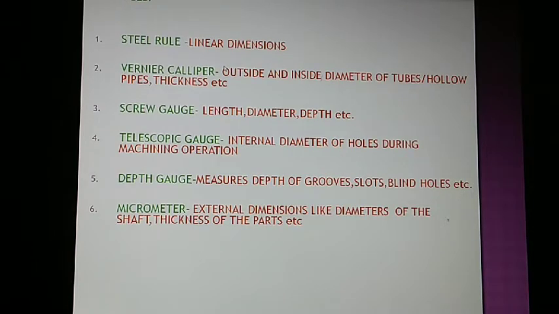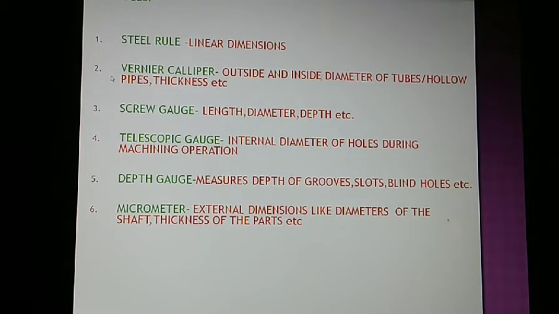It will measure dimensions like the outside and inside diameter of tubes or hollow pipes, thickness, etc. And the screw gauge in a similar fashion measures the length, diameter, depth, etc. And the telescopic gauge also measures the internal diameter of holes during machining operations.